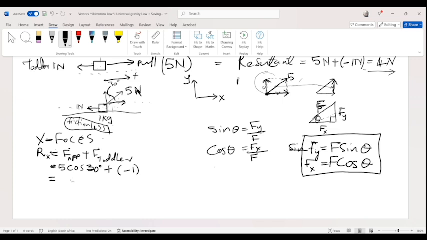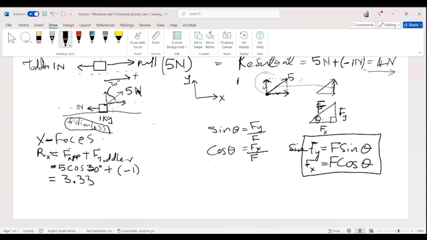This will be 5 cos of 30. Let me get the calculator. 5 cos of 30 minus 1 comes to 3.33, positive 3.33.